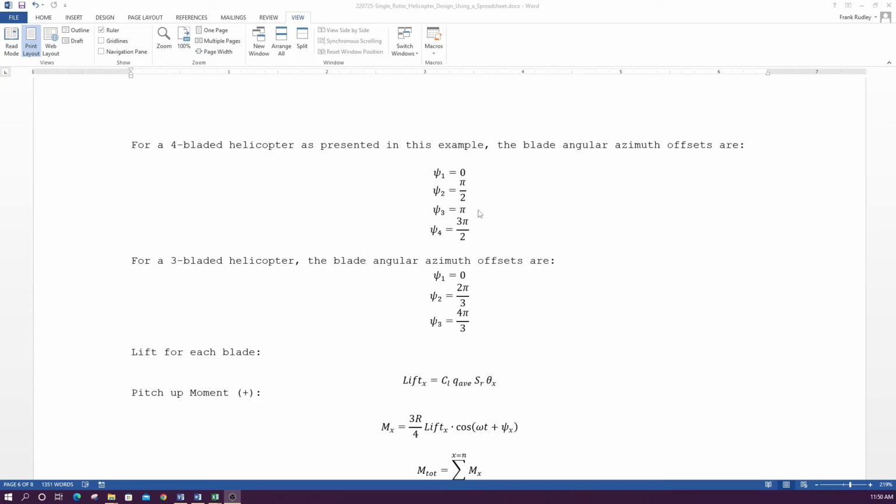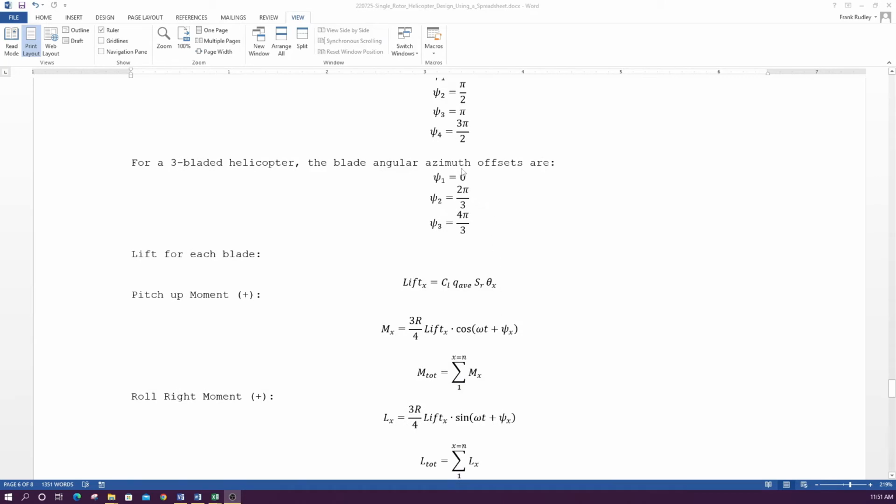The third blade is pi, which is 180 degrees, and the fourth blade is 3 pi over 2, which is 270 degrees. Now in our example, we're going to do the 4-bladed helicopter, but if you did have a 3-bladed helicopter, you would break everything by 120 degrees. So this was just an example if you had 3 blades.